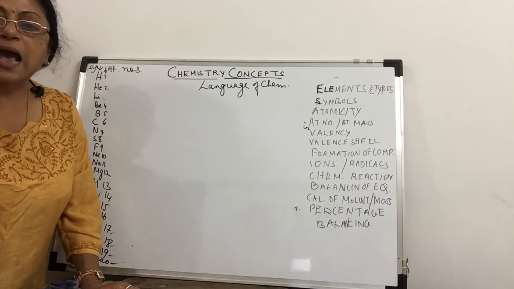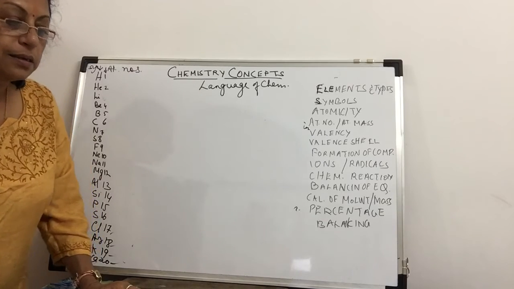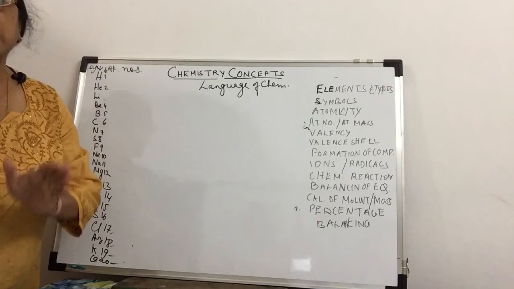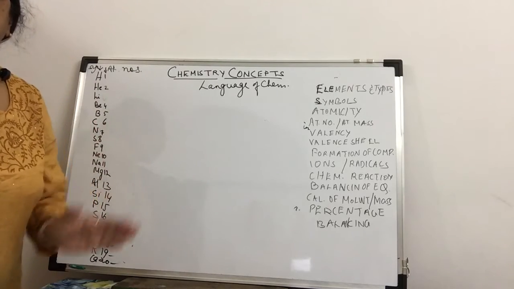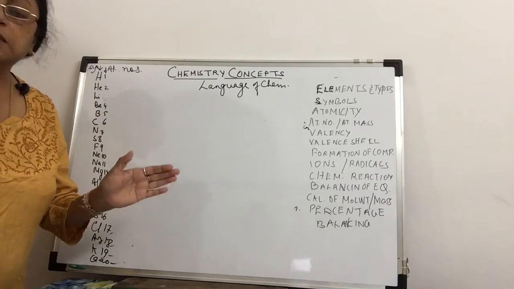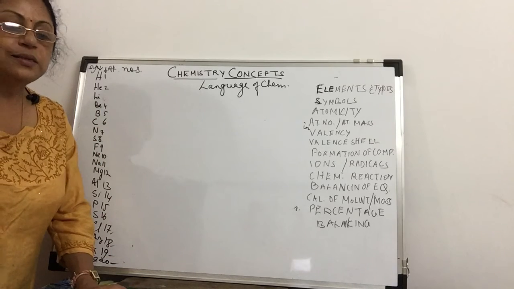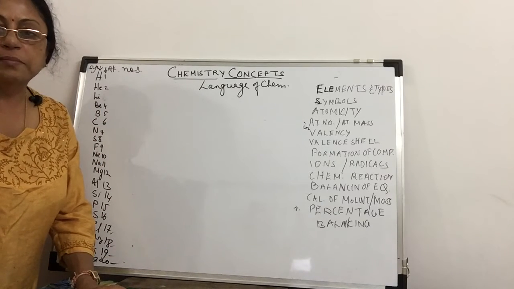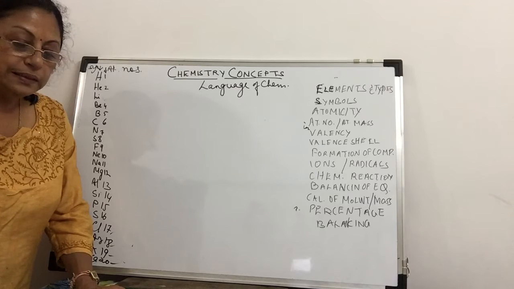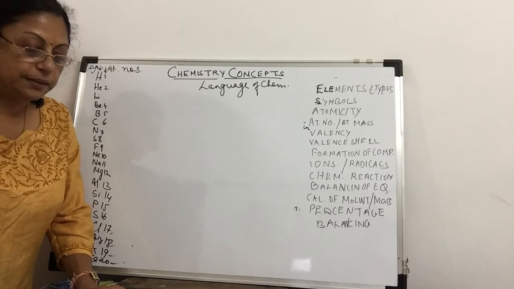Out of 118, 92 are natural elements given by nature to us, and the rest are man-made elements. That is seen in the periodic table.